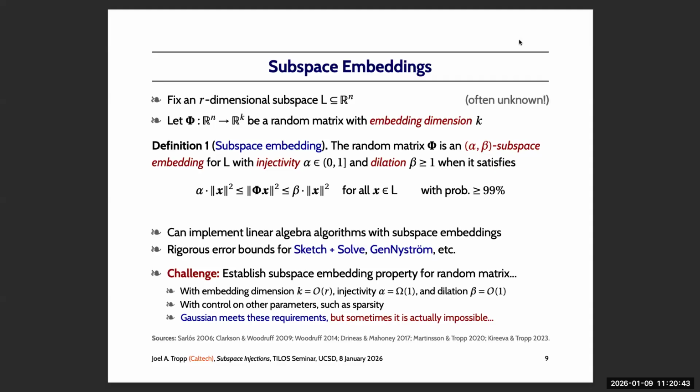But actually, it turns out that it's impossible to prove these guarantees sometimes. As a consequence, we run up against an obstacle, which is that we would like to have a subspace embedding, but there's some mathematical obstruction which prevents it from happening. And so if at first you don't succeed, you should lower your standards.